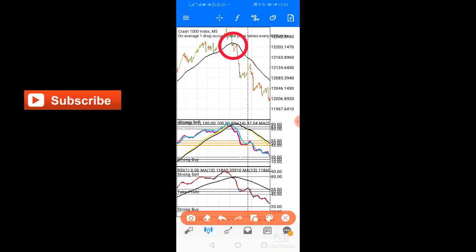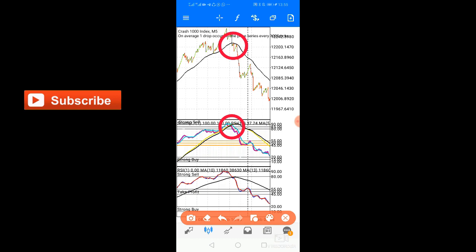Now, since this is Crash 1000, we'll be looking for points where the market crosses below the black EMA right there. The second confirmation is in your indicator window 1, right there at the circle. You can see the main crossovers there.